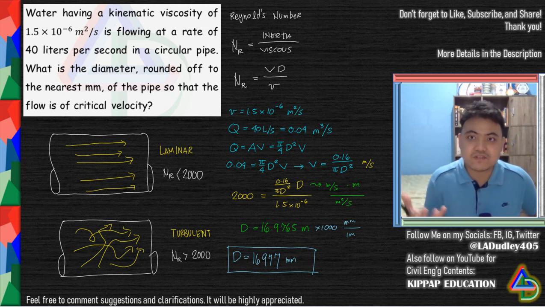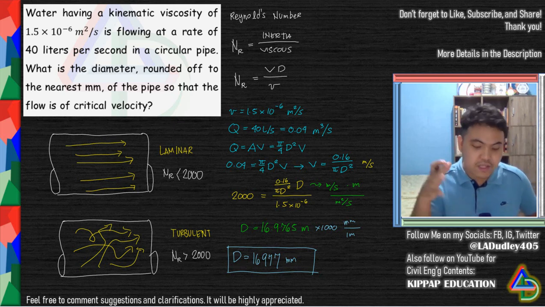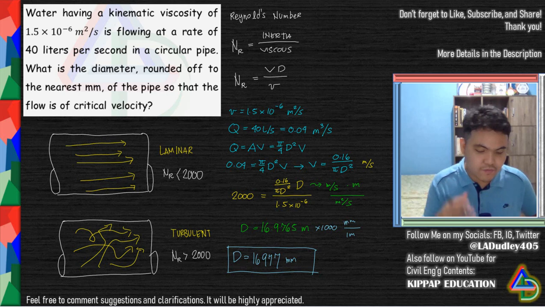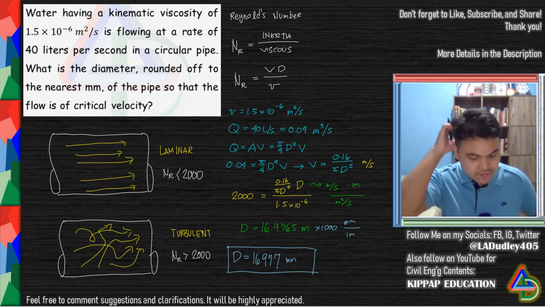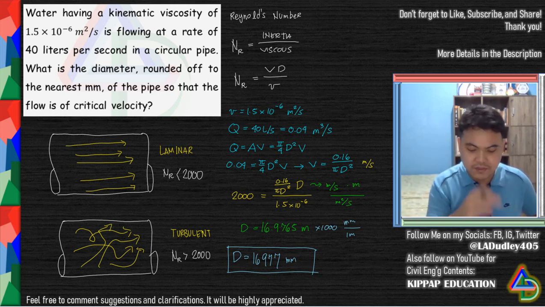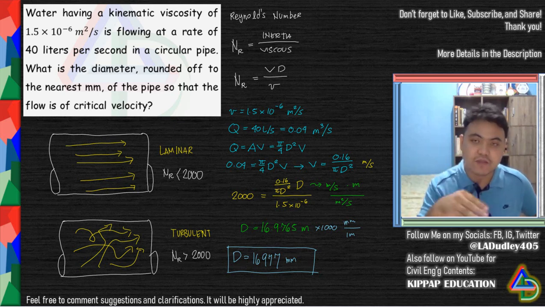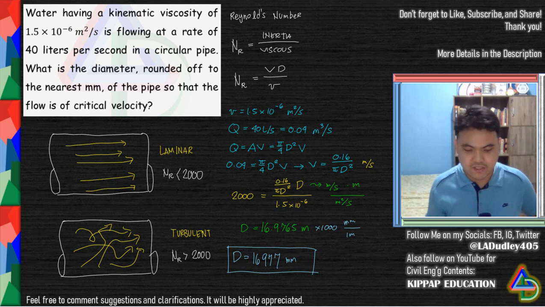So, anong point ko dito, we just solved this for mere discussion purposes. So, naipakita ko lang guys na ayun nga, to have the flow critical, no, yung ating Reynolds number must be on point na dun sa may limit between laminar and turbulent. So, yun, no?